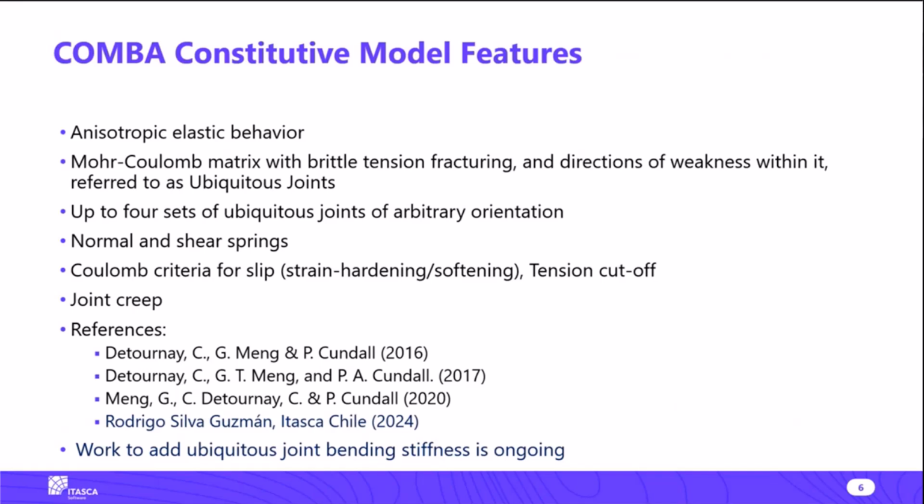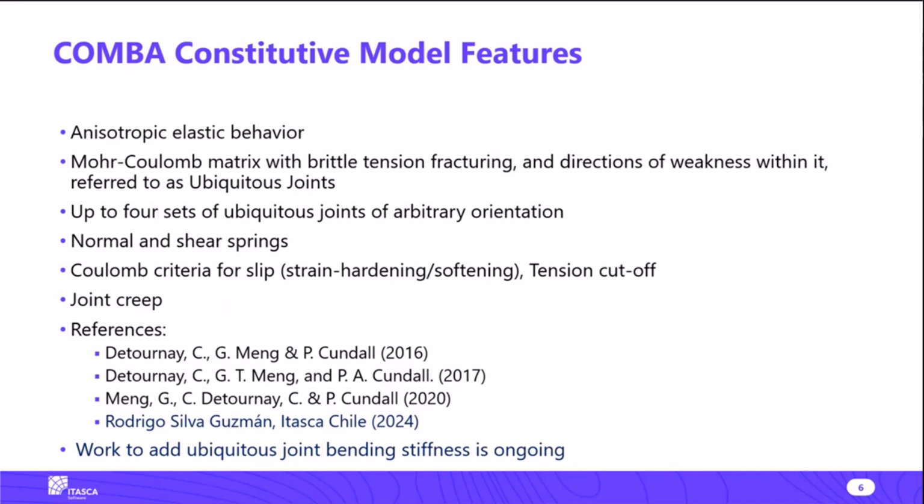Here are the features of the constitutive model. It has an anisotropic elastic behavior. The matrix is characterized by a Mohr-Coulomb behavior with brittle tension fracturing, and it has directions of weakness within it, referred to as ubiquitous joints.